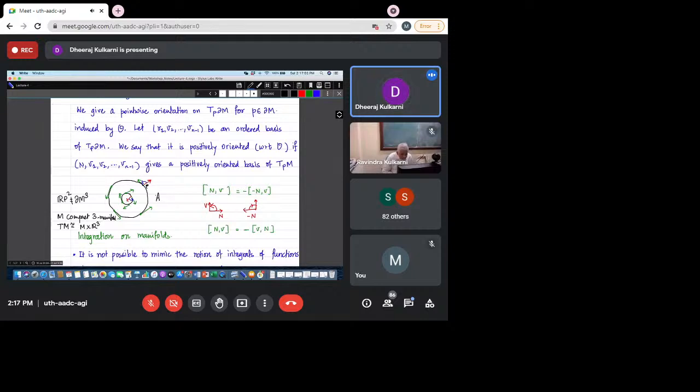So you can give an orientation because you have a global frame available, right? You can take a frame and declare that this is the frame that is giving you orientation.